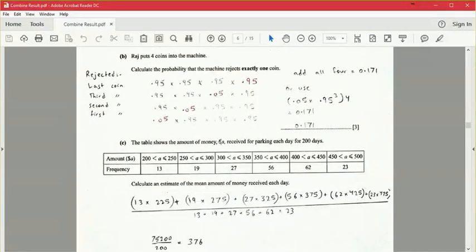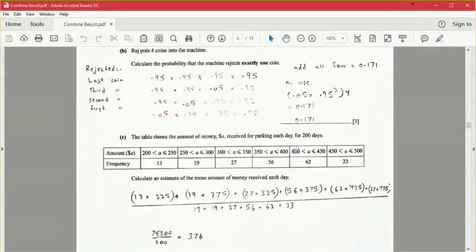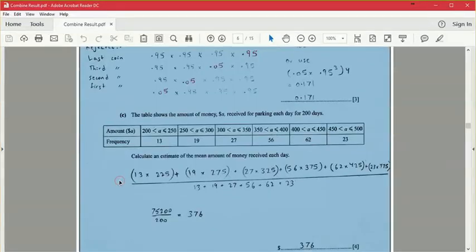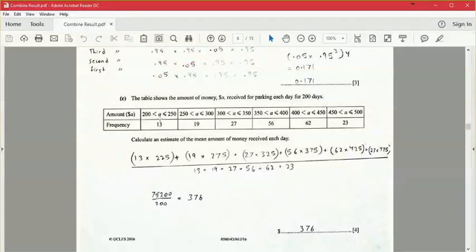And for C, the table shows the amount of money received for parking each day for 200 days. And here is the frequency. He wants to estimate the mean amount of money received each day. So we'll take the middle value of each range: for 200 and 250, it will be 225.